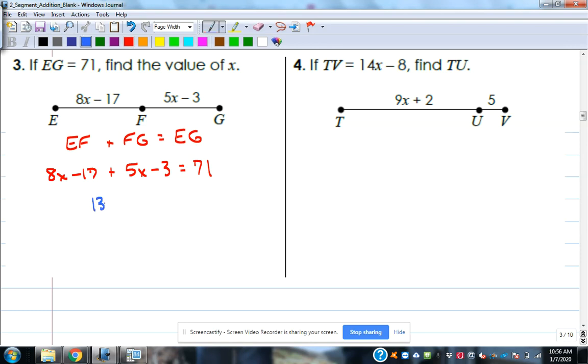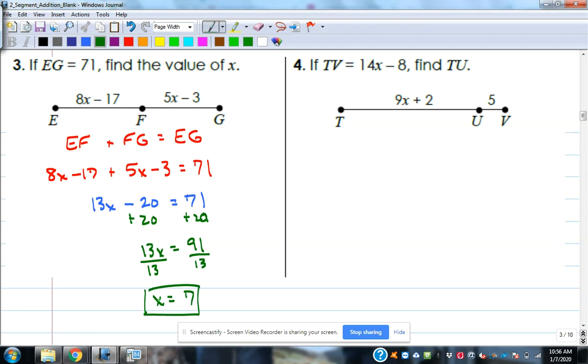It's 13x minus 20 equals 71, and then you would add 20. 13x is equal to 91, and then divide by 13. X is equal to 7, and that's all it asks for.